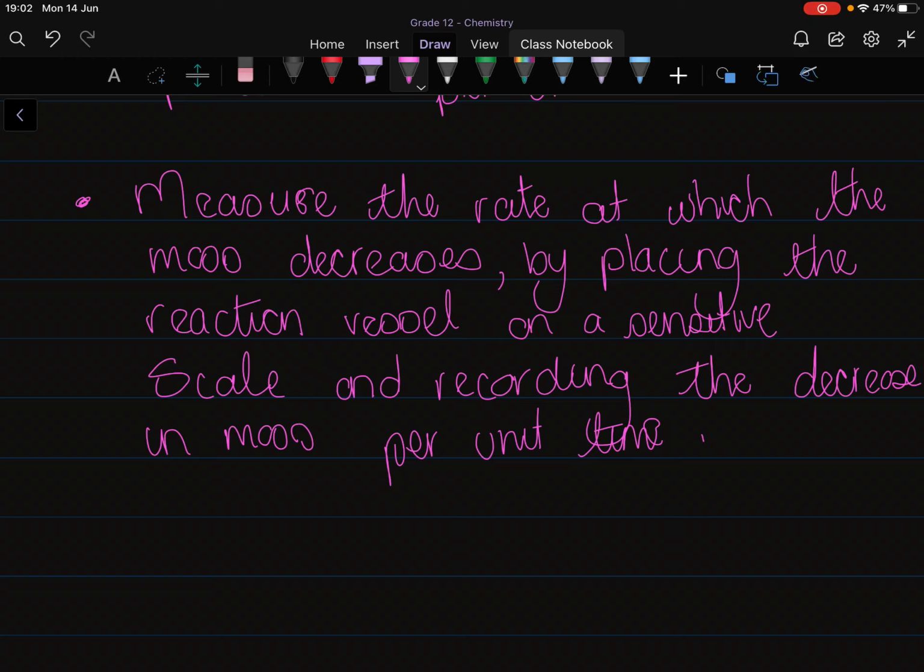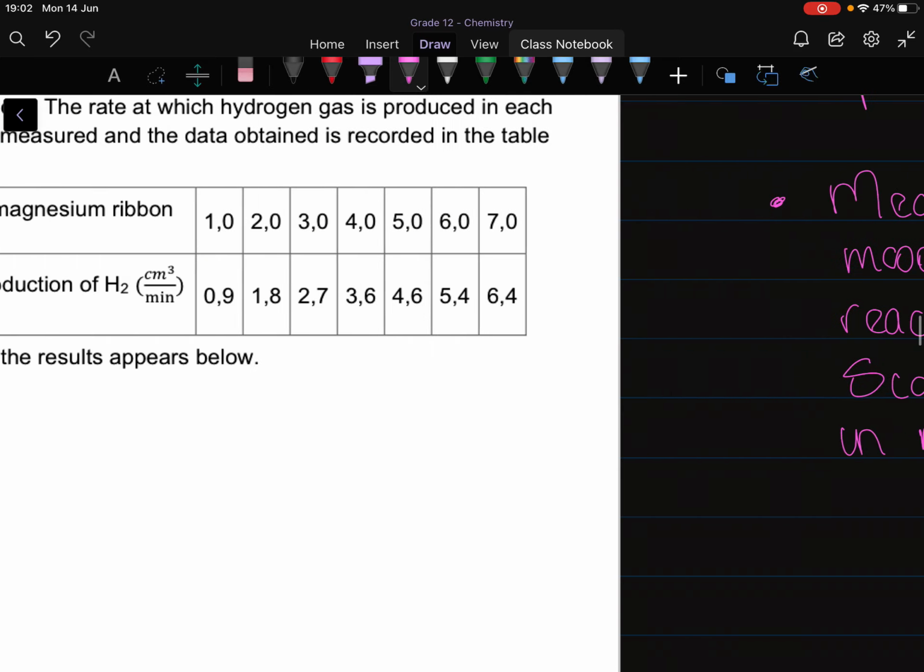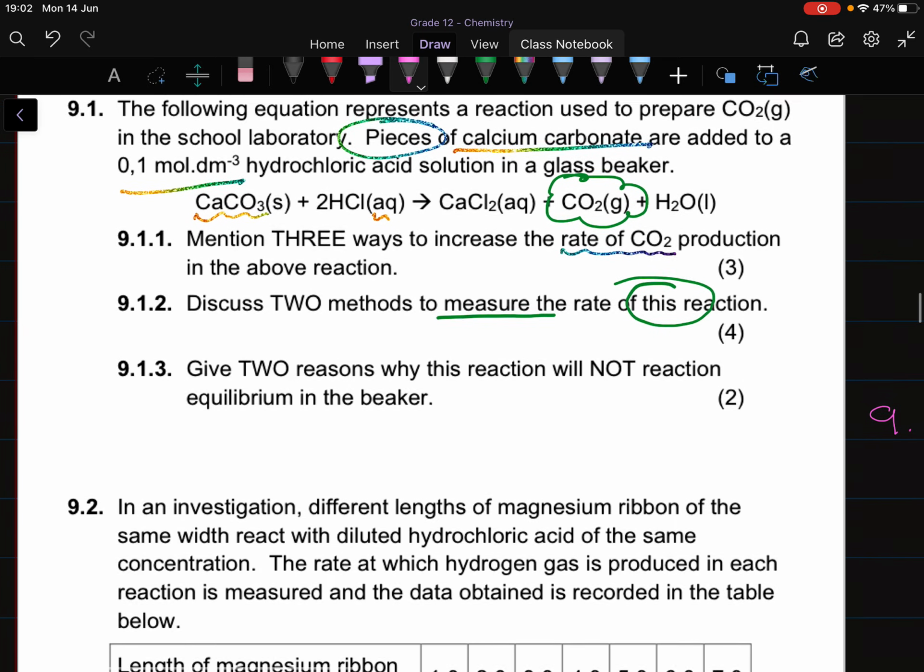Okay? And that's, of course, going to give you the mass of the CO2 that escapes, okay?